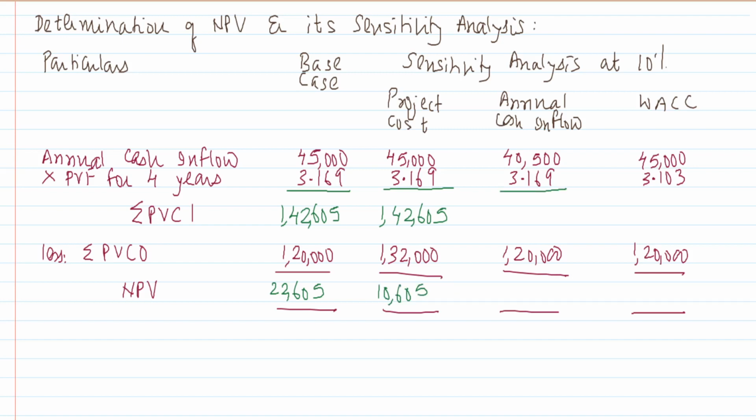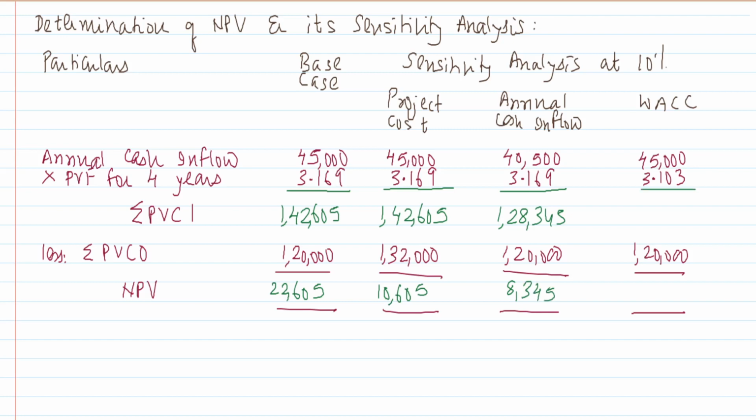This is 40,500 into 3.169. I'm rounding it off. I get 1,28,345 minus 1,20,000. It is 8,345. That's my NPV.